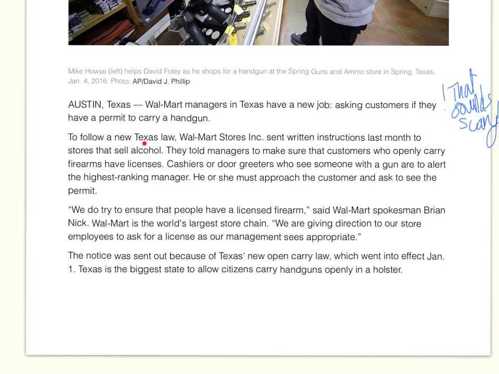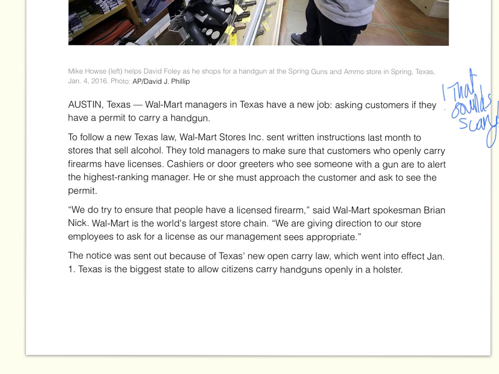To follow a new Texas law, Walmart Stores Incorporated sent written instructions last month to stores that sell alcohol. They told managers to make sure that customers who openly carry firearms have licenses. Cashiers or door greeters who see someone with a gun are to alert the highest-ranking manager. He or she must approach the customer and ask to see the permit.